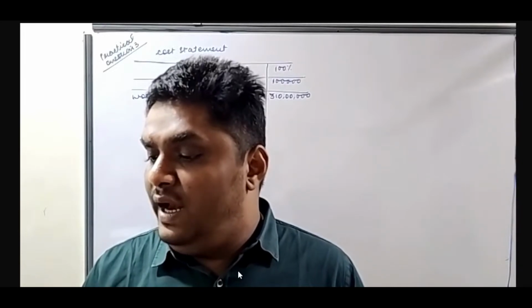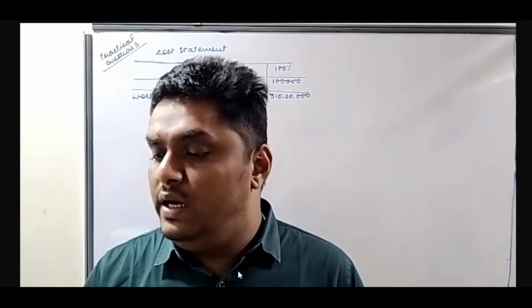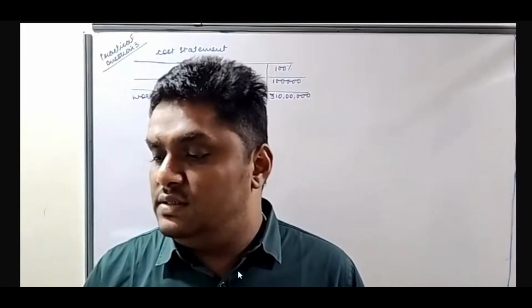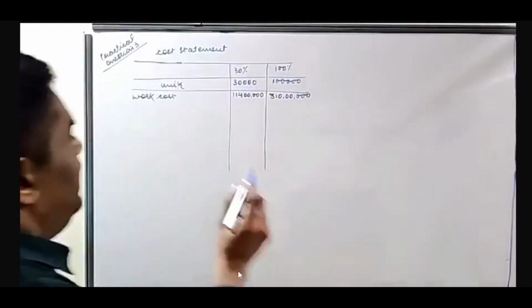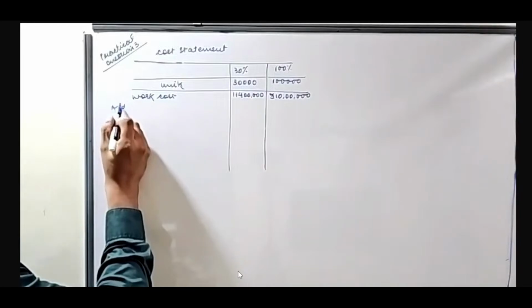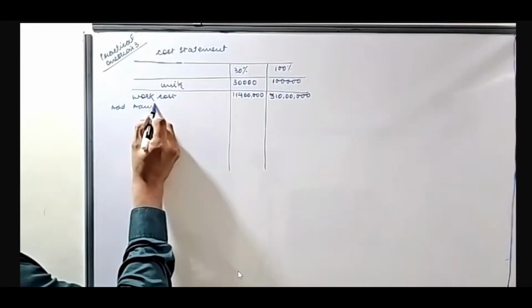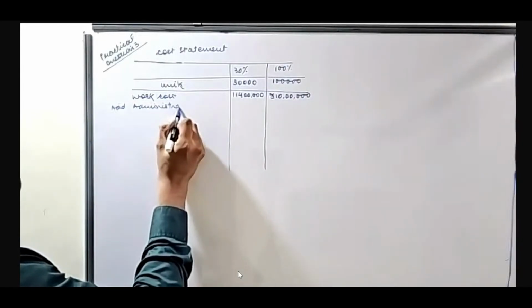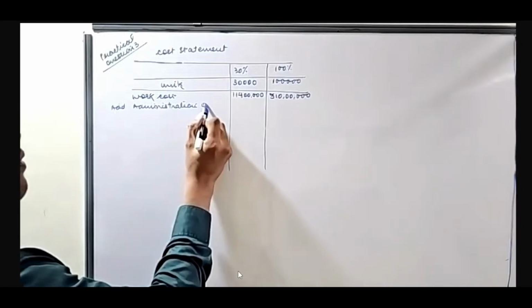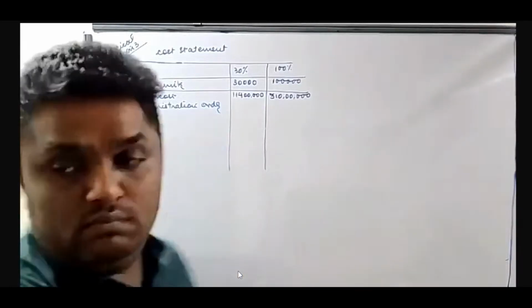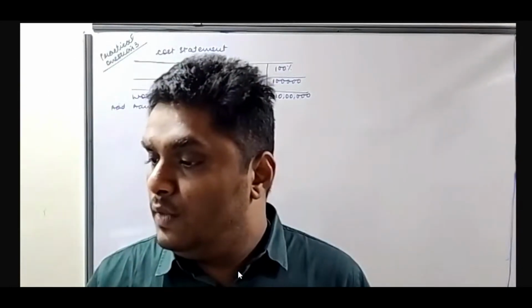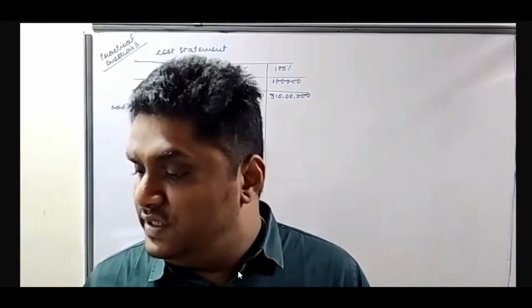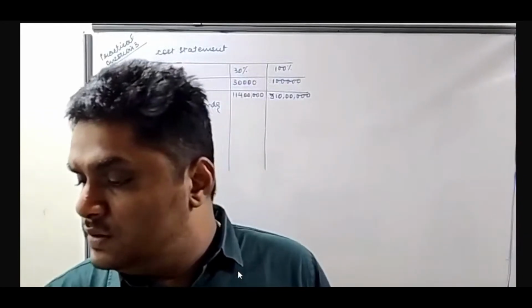Now in this, we will add all the administration and selling overheads to calculate the cost of sales. So let's start with administration overhead. It is given in the question that its fixed administration overhead is 1,50,000.